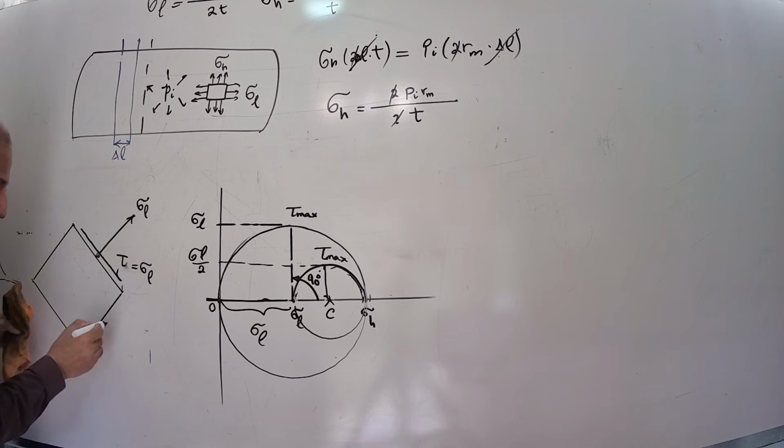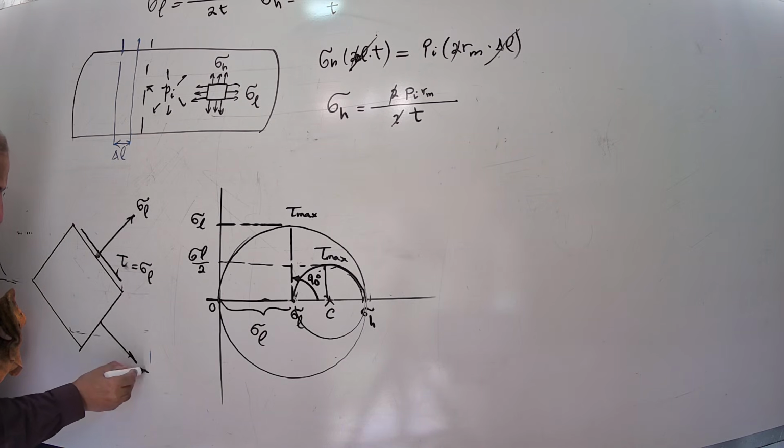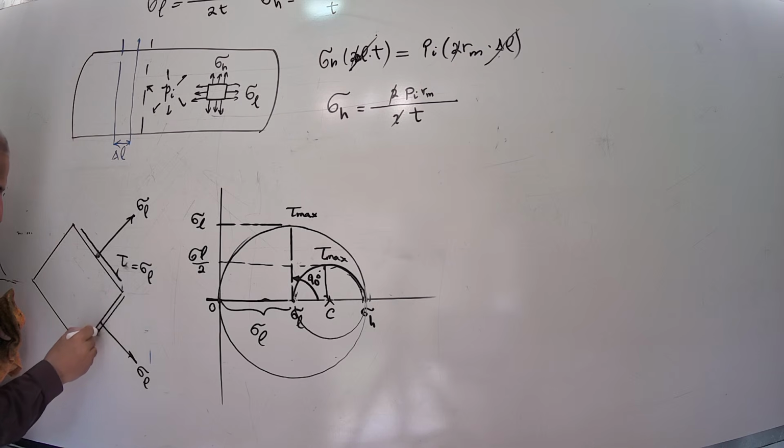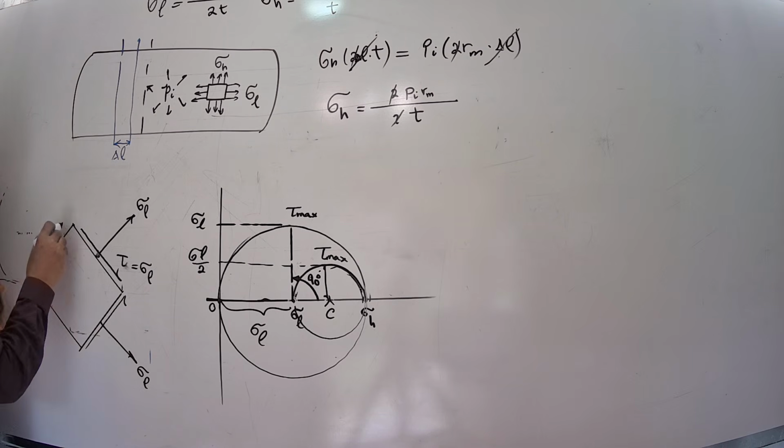This is also sigma L. In this direction also sigma L. Tau also here, sigma L. And tau here, and tau here. Tensile sigma L here. Tau max here.